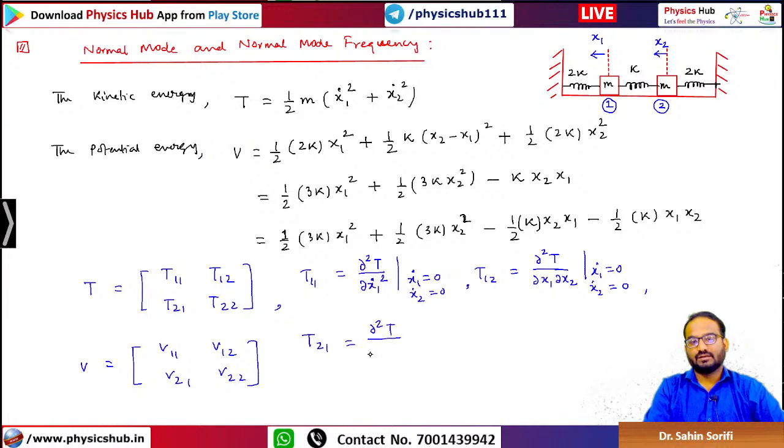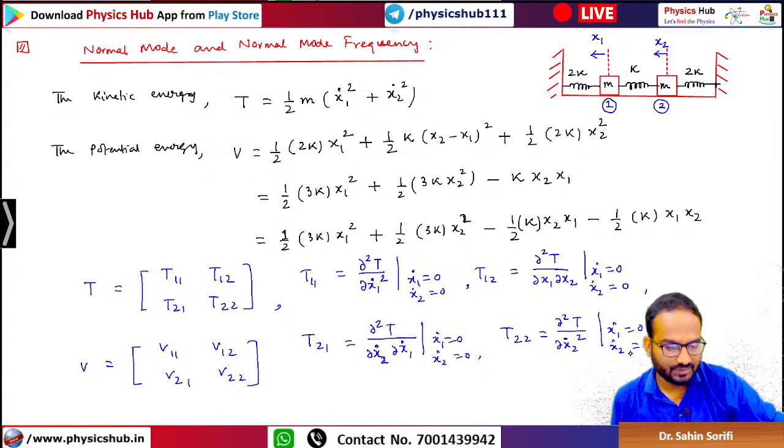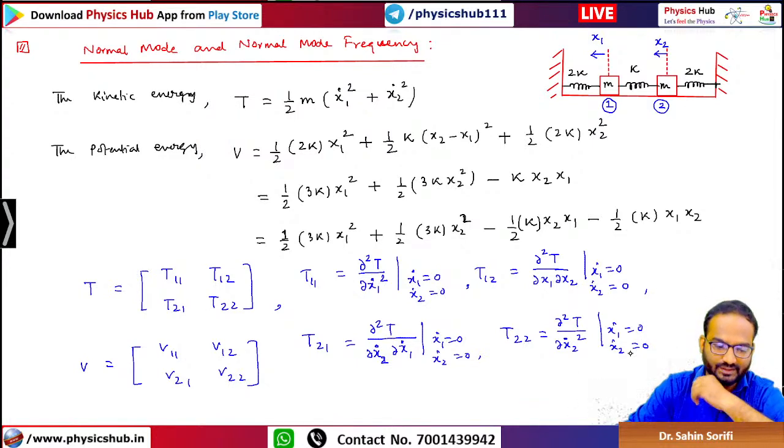Del square T by del x2 dot del x1 dot at x1 dot equals 0, x2 dot equals 0. Now T22: del square T by del x2 dot, it is appearing 2 times, so square, at x1 dot equals 0, x2 dot equals 0. In this way you have to find out the 4 elements of this kinetic energy matrix. I hope this is clear.